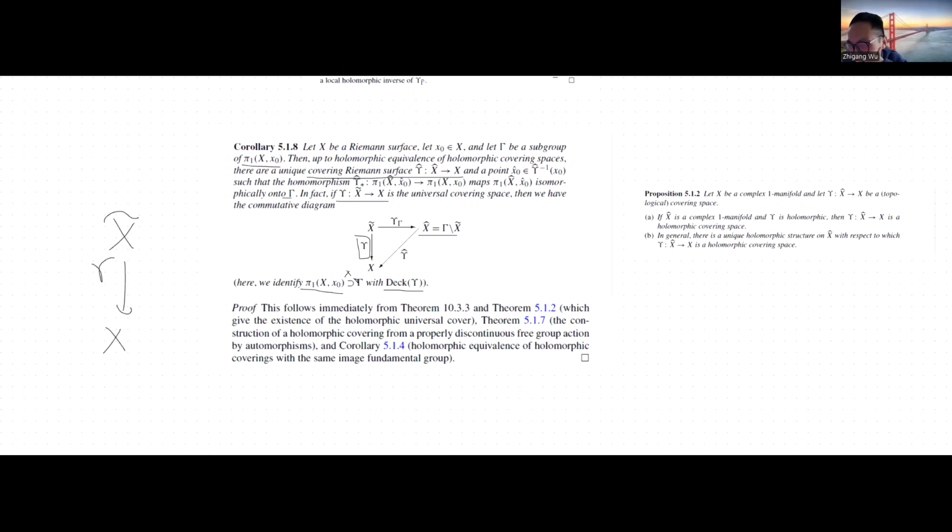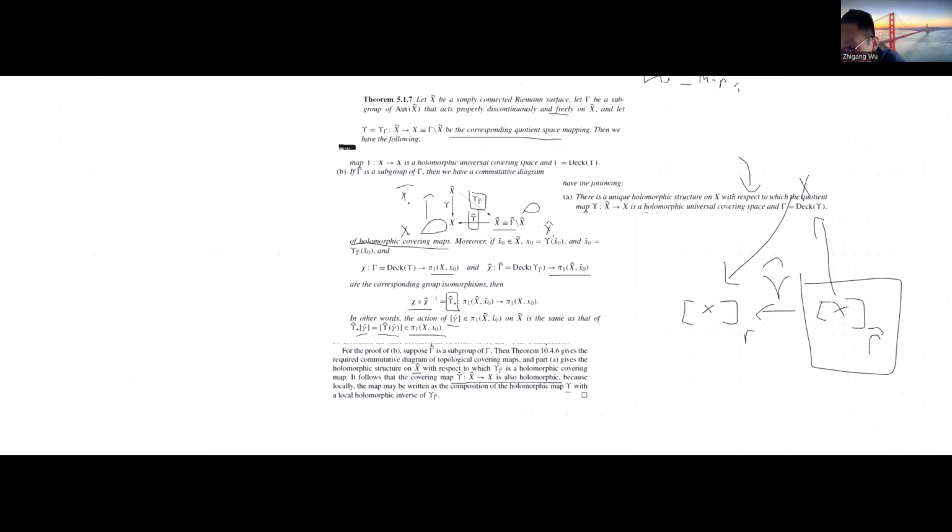I think this is by the result that we just proved. Namely, if we take any Gamma, the group gamma hat is a subgroup of this Gamma, so we get a commutative diagram.